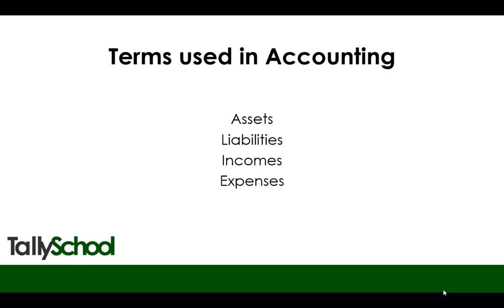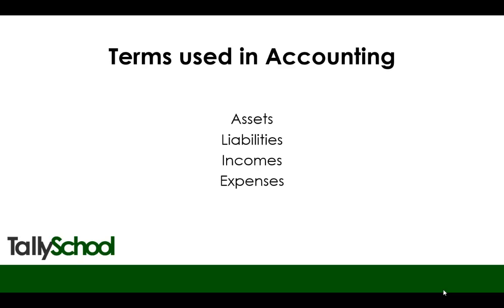When you have the building, you know that you have to pay for taxes, electricity bill, telephone bill, maintenance of the building, everything. So those are your liabilities. When you actually pay your liabilities, that's your expense. And when you pay the liabilities in the form of expenses, your liabilities get over.